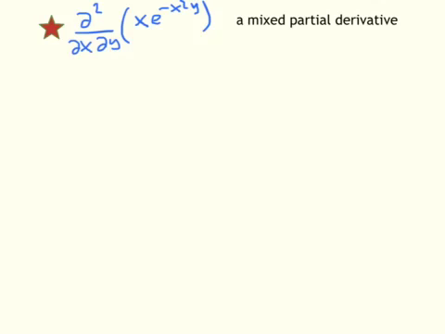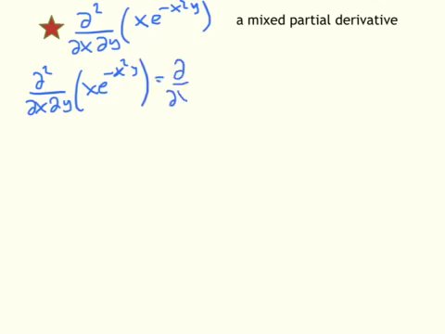So to calculate this, we need to realize what it means, and d2 by dx dy of x e to the minus x squared y means the derivative with respect to x of the derivative with respect to y of x e to the minus x squared y.